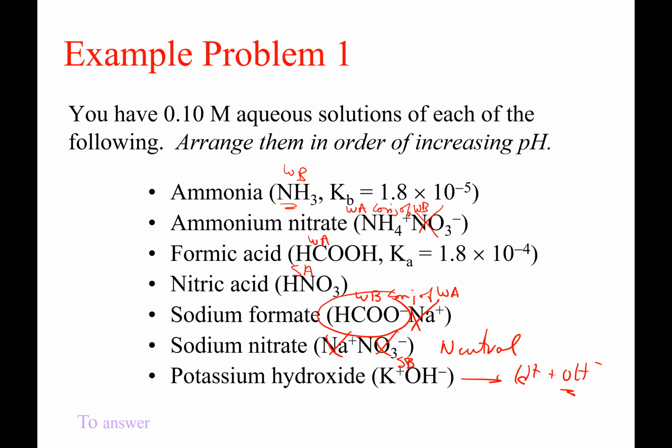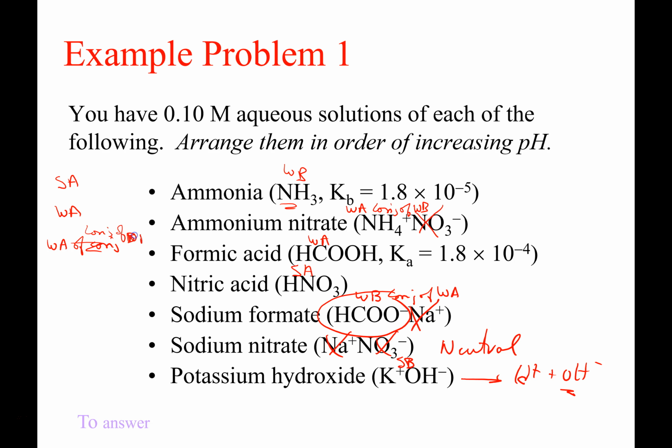All right, so now from the most acidic to the least acidic, my most acidic is going to be my strong acid, followed by my weak acid, followed by my weak acid that's a conjugate of a weak base.